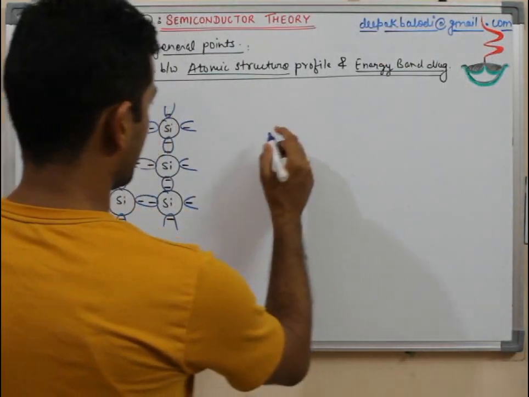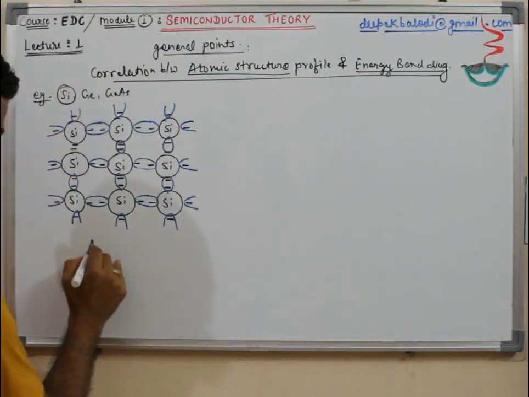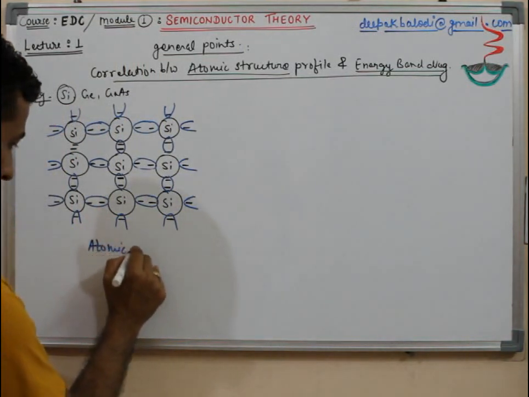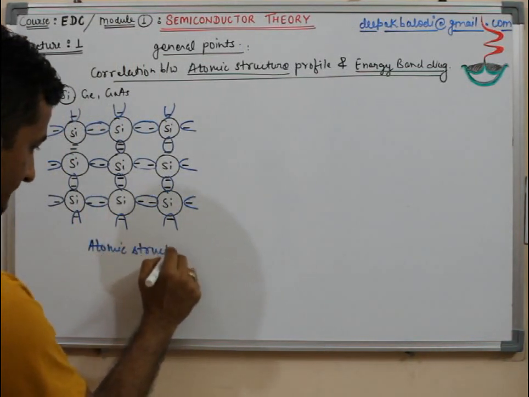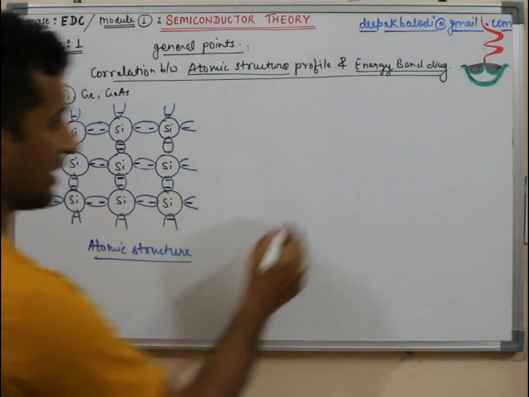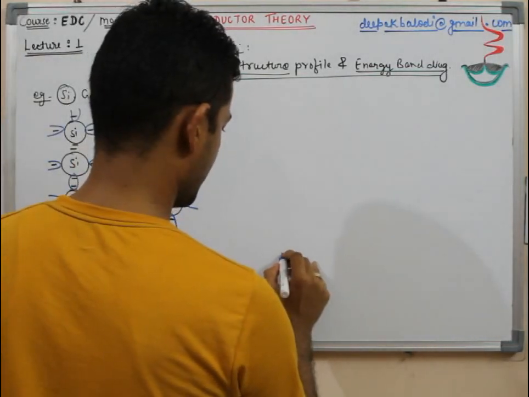So now let us draw this; this is called the atomic structure. And let us draw the energy band diagram.